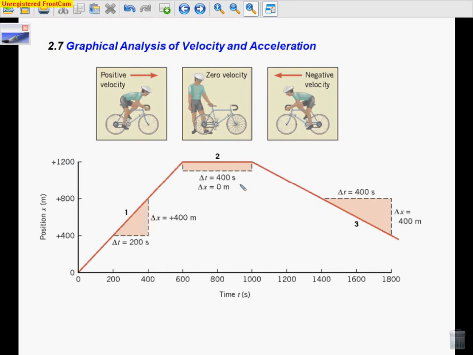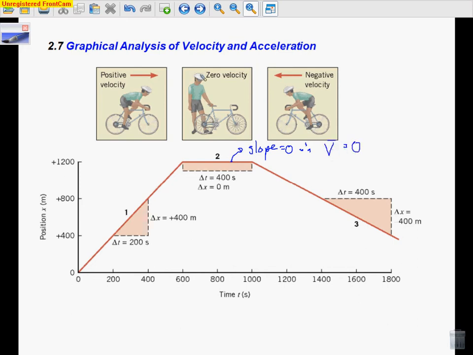At this point, what is the graph indicating here? From 600 to 1,000 seconds, the slope of this line is 0. So if the slope of the line is 0, that means the what is 0? This little 3-dot symbol means therefore. So if the slope is 0, therefore the velocity, average velocity during that period is 0.